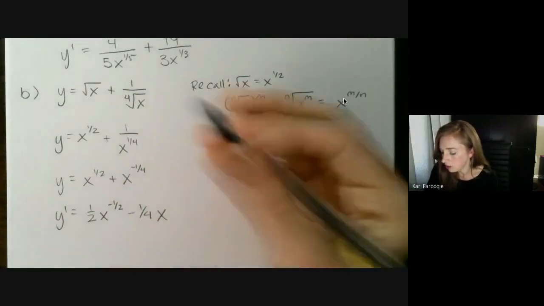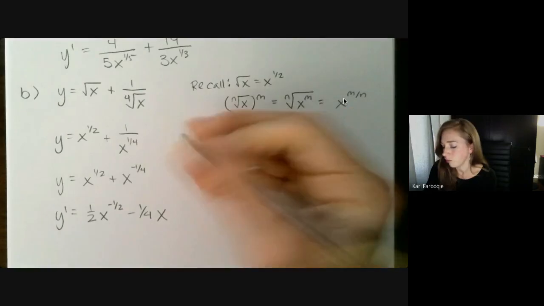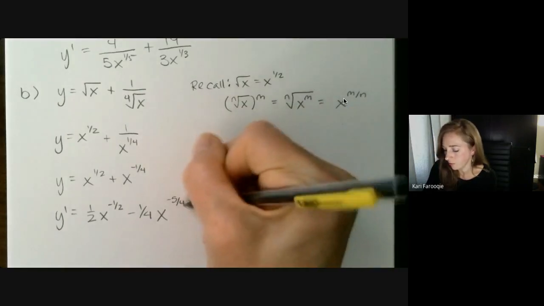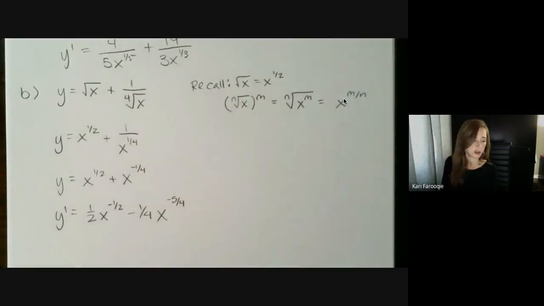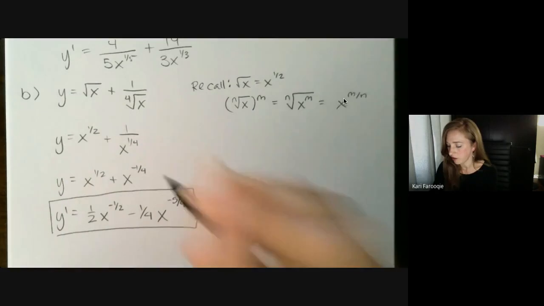X to the -1/4 minus 1 is -1/4 minus 4/4, which is -5/4. Again, put that in your calculator if you need to. I don't want you sitting here banging your head open for these fractions. That's not a battle that I want to fight with you guys. It's done. Stick a fork in it.